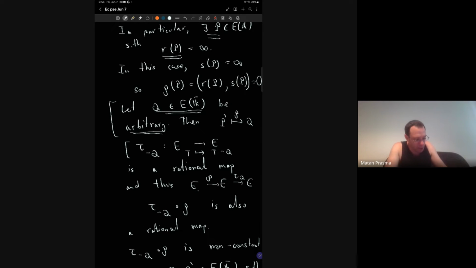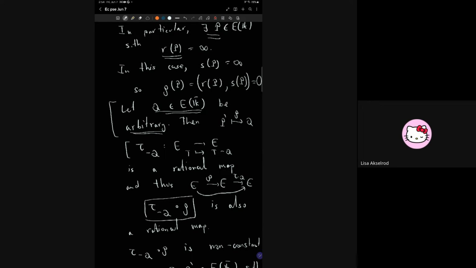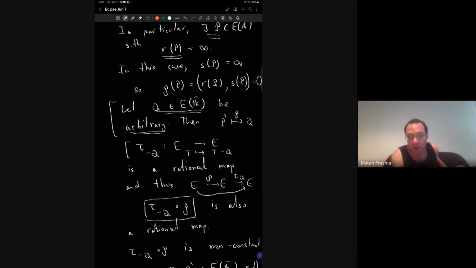And I can compose these two rational maps to get translation by minus Q composed with rho. We had a proposition about this, you remember? Yes. So the composition of rational maps is again a rational map.